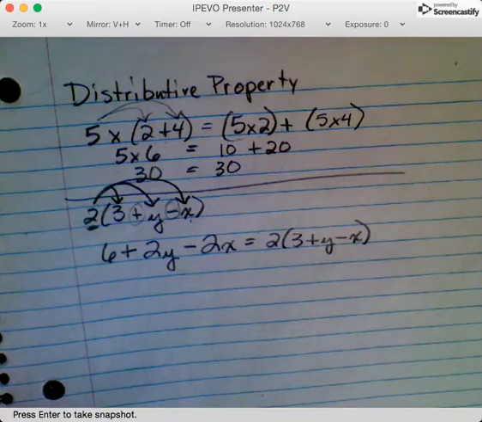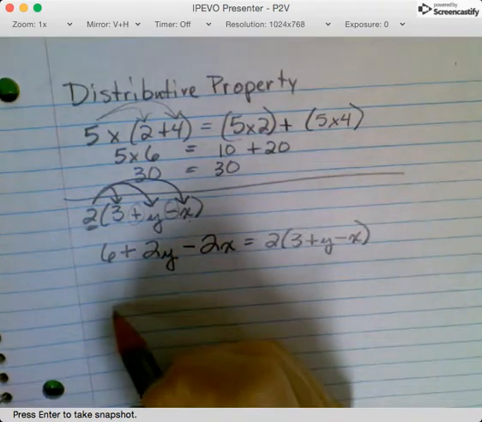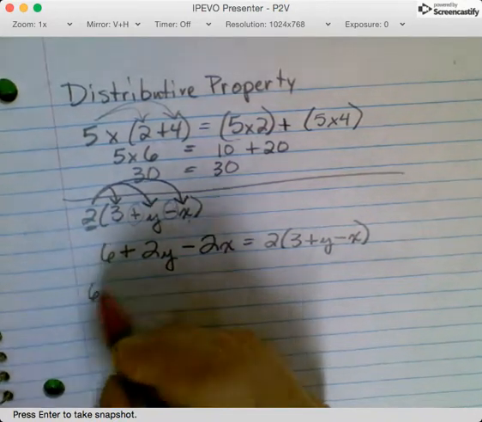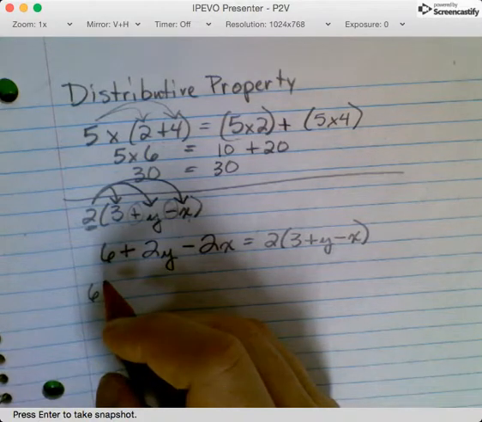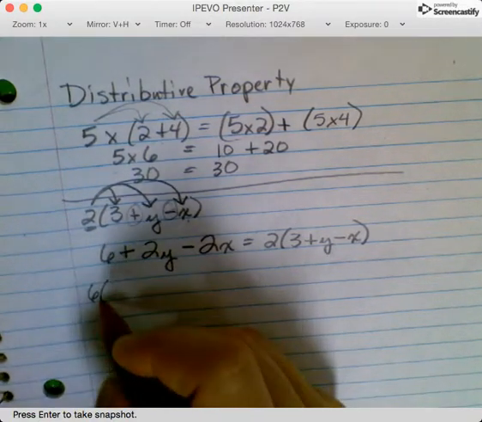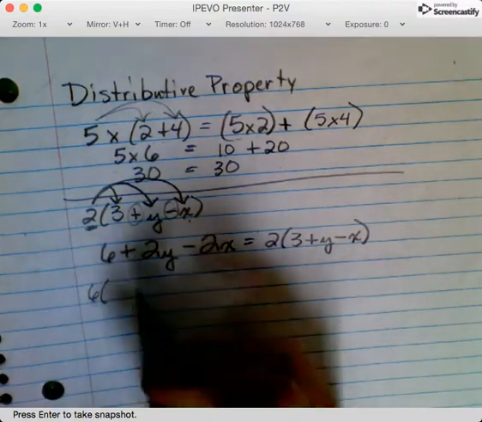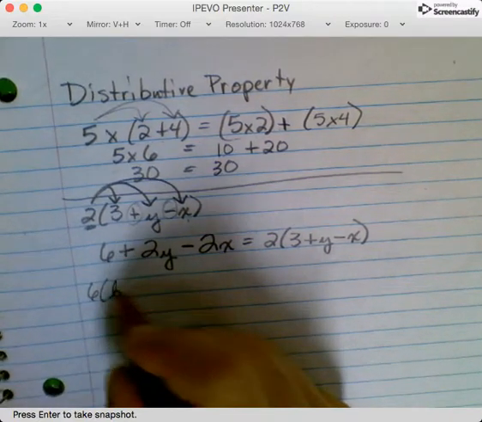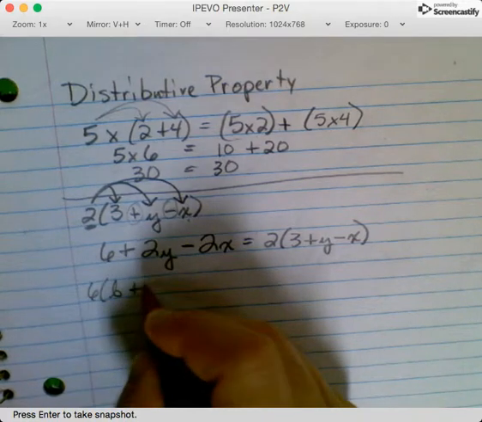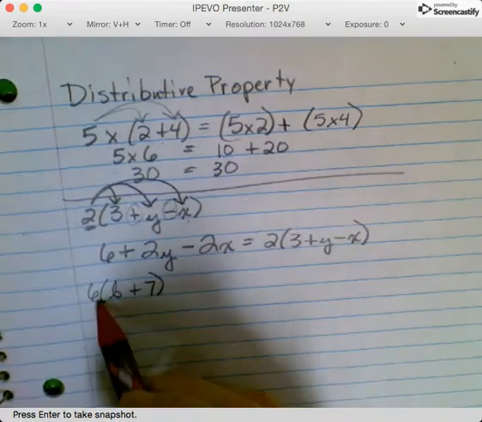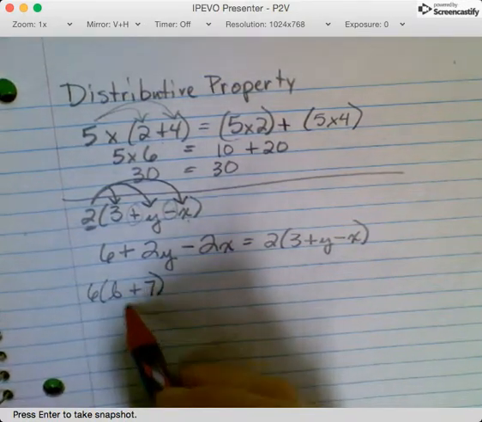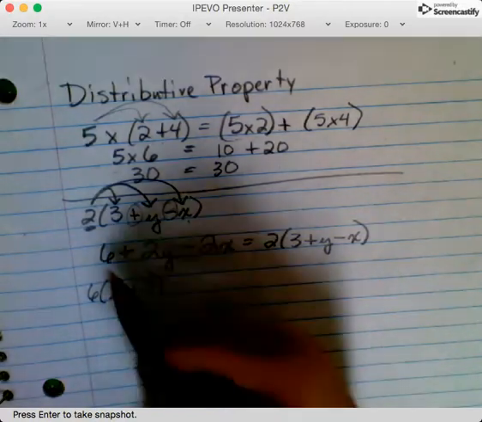Now I'm going to give you another one that's like this, and then I will give you one where we break it up to put the parentheses on it. So this next one, I'm going to say 6 times b plus 7, and b plus 7 would be the inside parentheses.